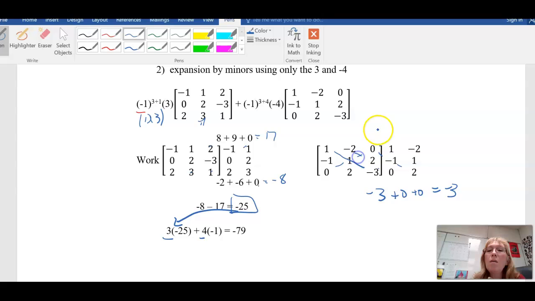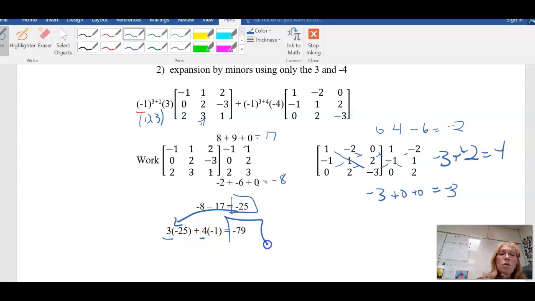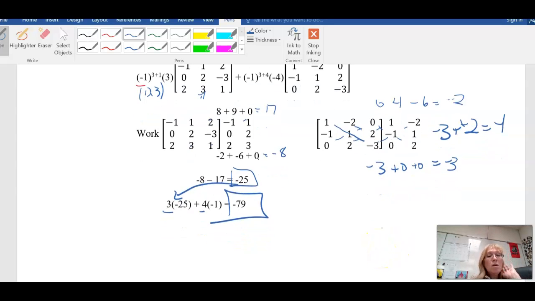Now let's multiply up. 0, 4. -3 times -1 is 3 times -2 is -6. So your answer here is -2. So now you're taking -3 minus a -2, which equals -1. So it's 4 times -1, and your solution is -79. Okay, pause and try yours.